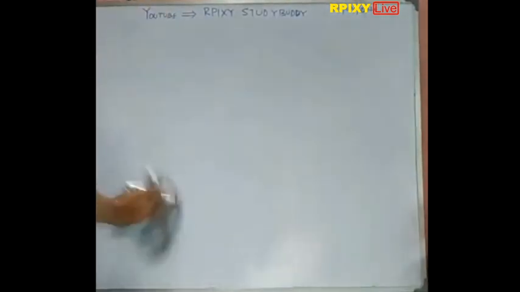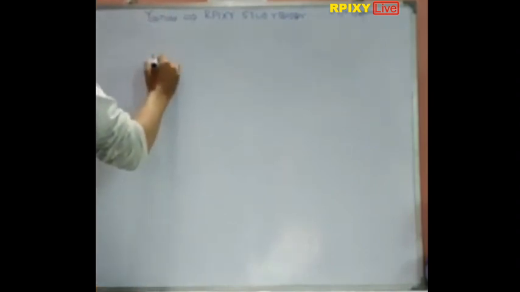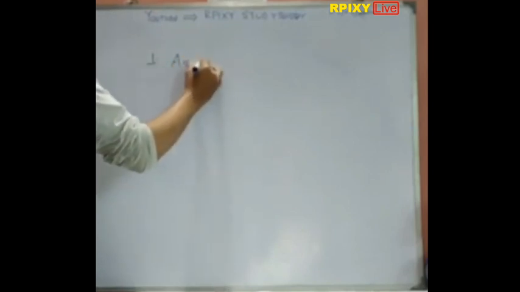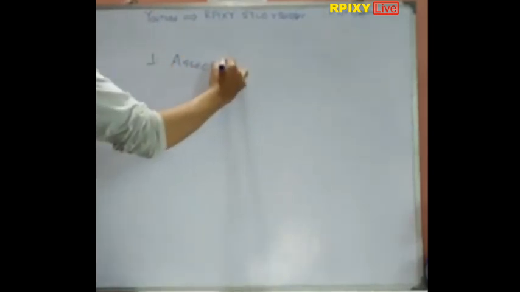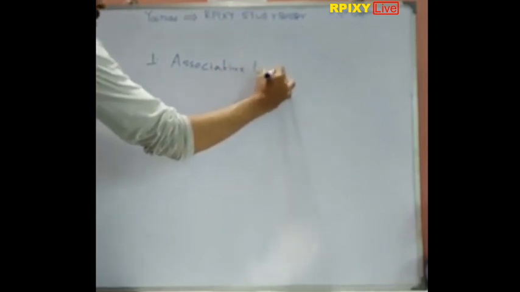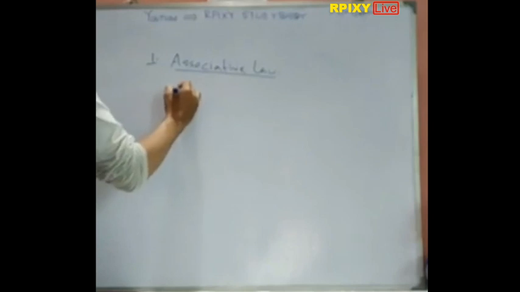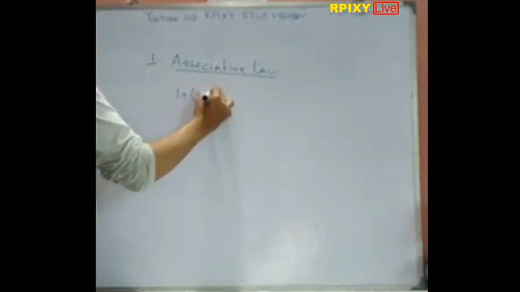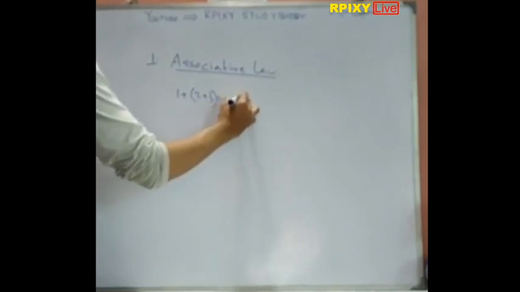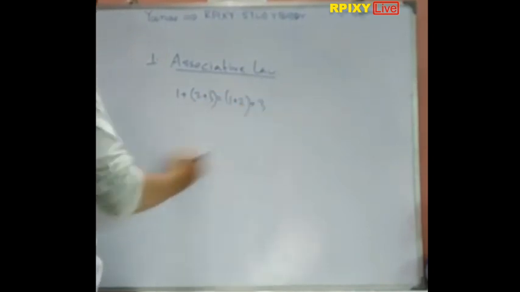Except these operations, there are certain laws in set theory. The first one is the associative law. What is associative law? In arithmetic or in algebra, you know that 1 plus 2 plus 3 is equal to 1 plus 2 plus 3, grouped differently.